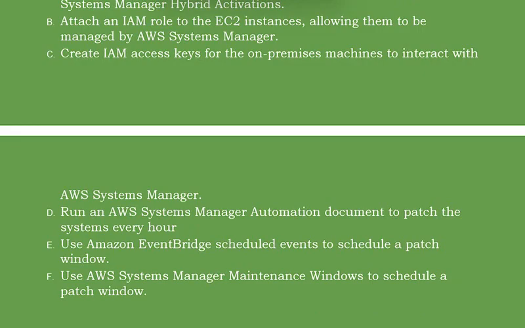Option D. Run an AWS Systems Manager Automation document to patch the systems every hour. Option E. Use Amazon EventBridge scheduled events to schedule a patch window. Option F. Use AWS Systems Manager maintenance windows to schedule a patch window.